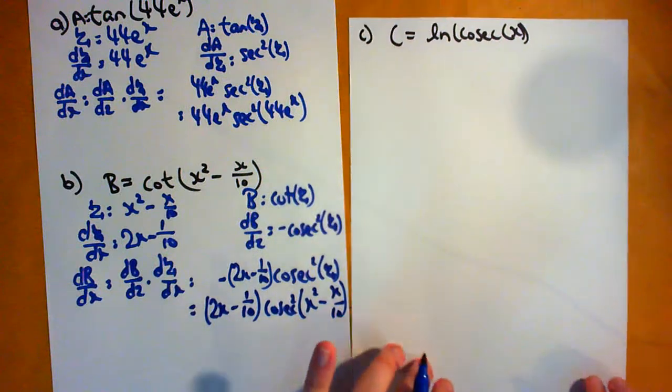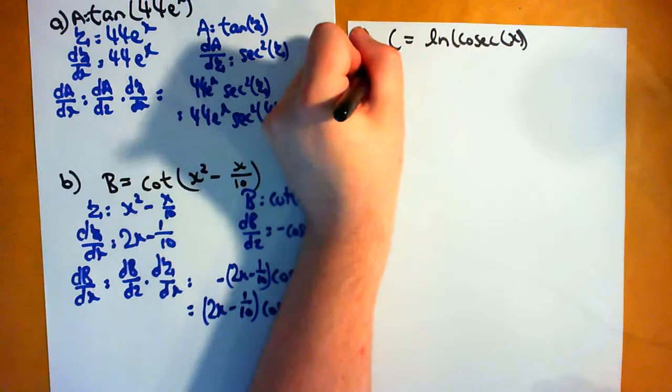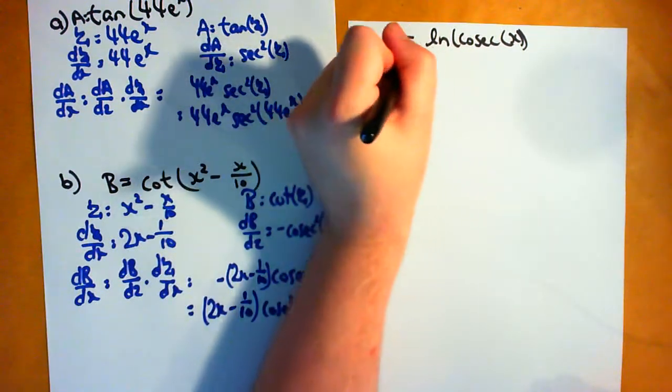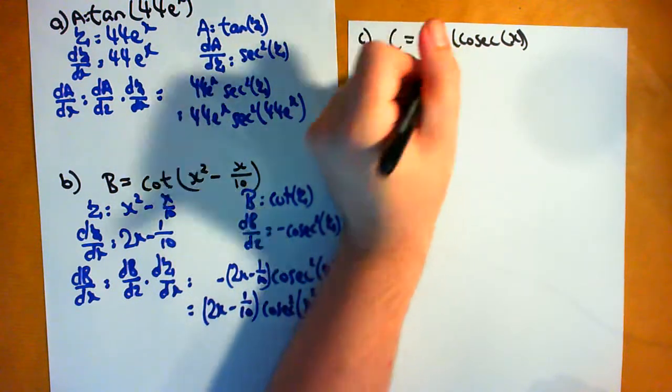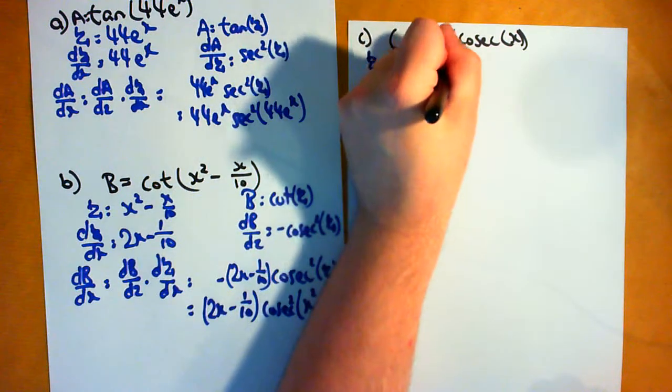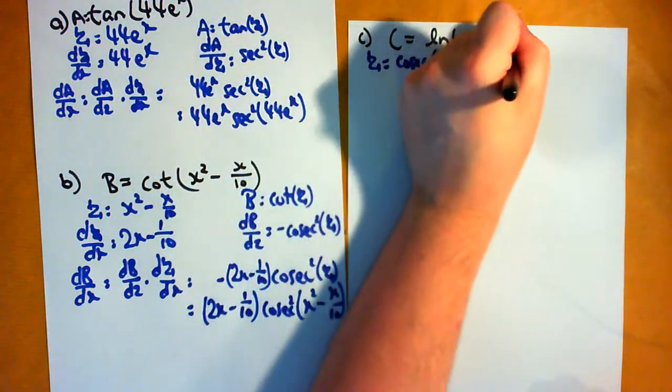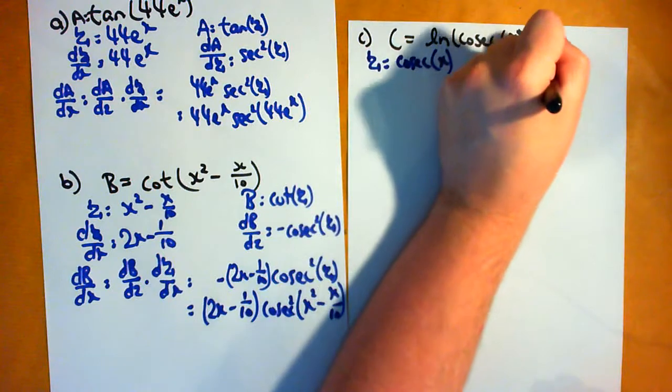Okay, question C, we have z as cosec, so z is going to be cosec of x, and then we have C equals ln of z.